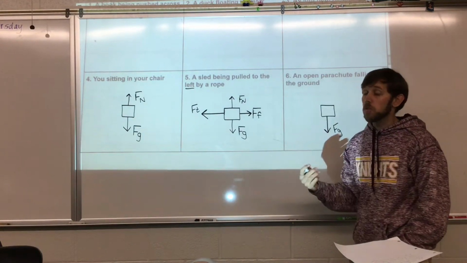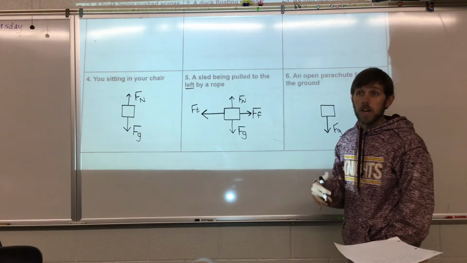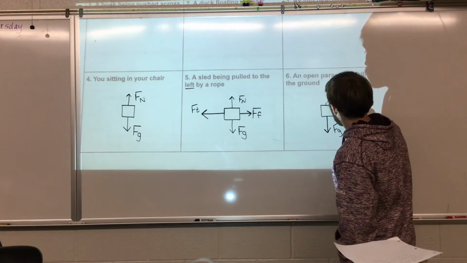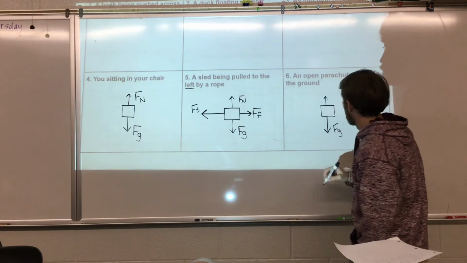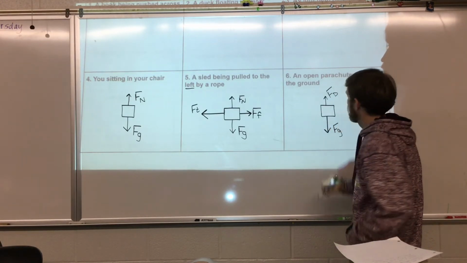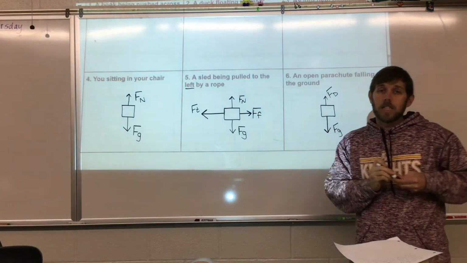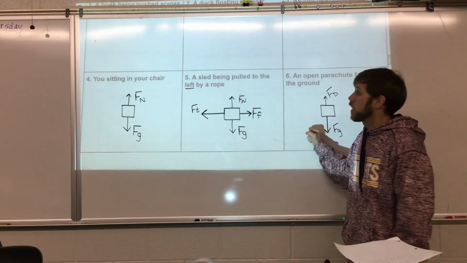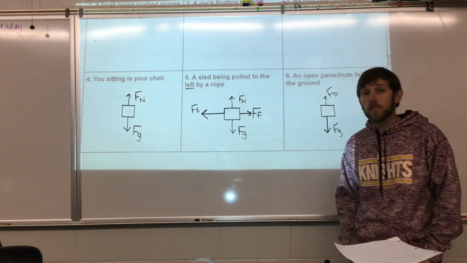But if it's a parachute, it's falling to the ground much slower than it would be, obviously, without a parachute. It's kind of the point of the parachute. So we're going to put a smaller force, smaller arrow, and this would be force of drag. It's air resistance holding that person up, or holding you up. All right, so these are questions 4, 5, and 6 for free body diagram.